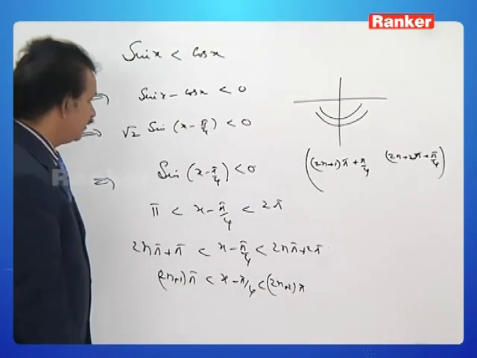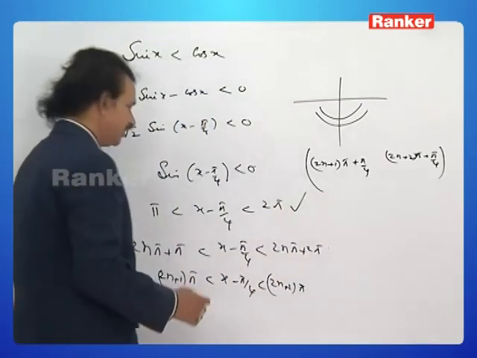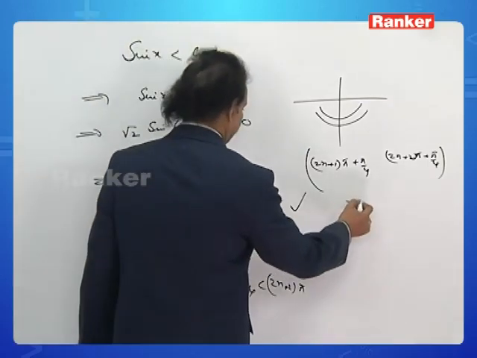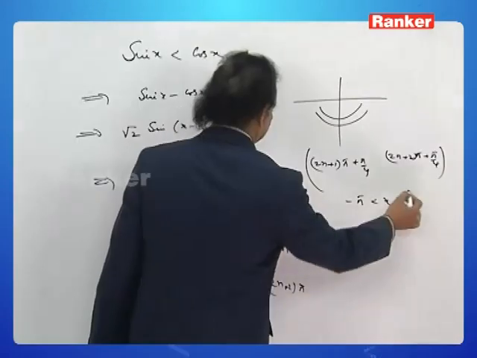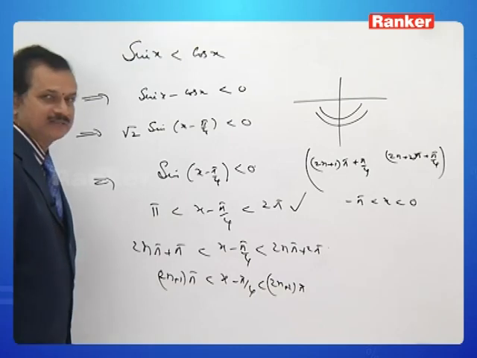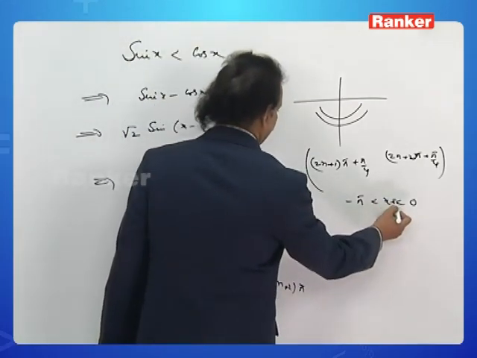Or otherwise, you can say one thing. At this juncture, you can also have minus pi less than x less than 0. Minus pi less than x less than 0, so x minus pi by 4 less than 0.